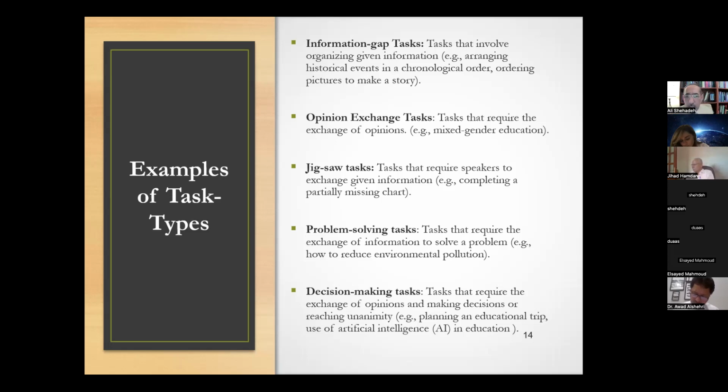And like Michael Long said, a task can be any of the 1,001 tasks that you can think of. Even painting a wall, even ordering food on the telephone, even making a hotel reservation, making an airline reservation. It could be anything, provided that you are focusing on content, on ideas, it is authentic, and it has an outcome, and it is goal-oriented.